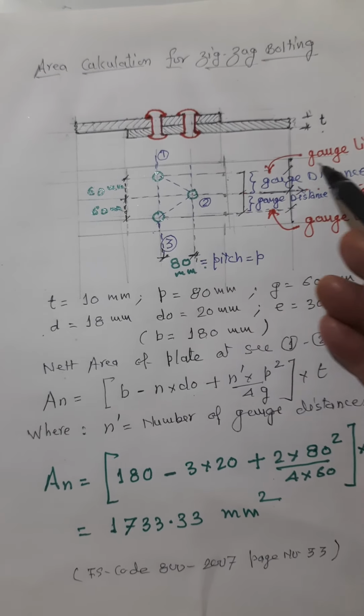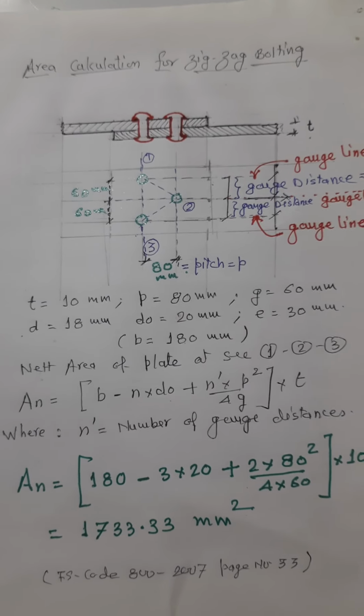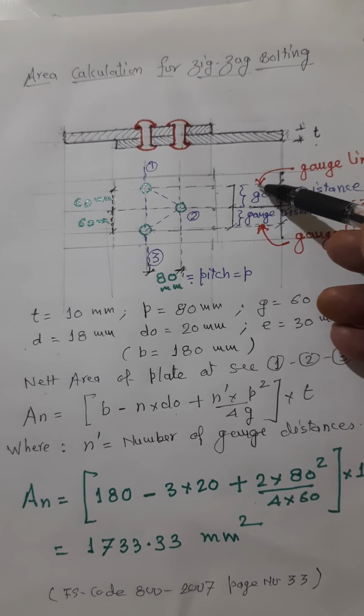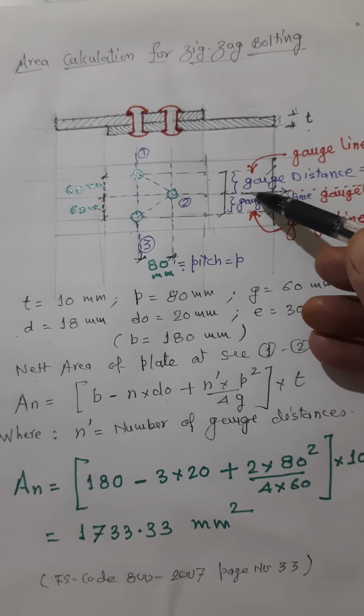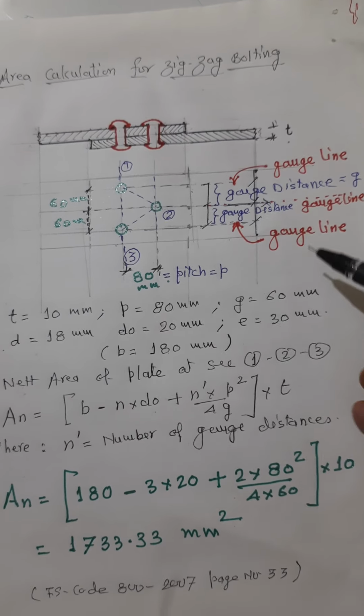And these lines which are parallel to this, or at right angle to the application of force, are called the gauge lines. These are the gauge lines, and this distance is known as gauge distance.